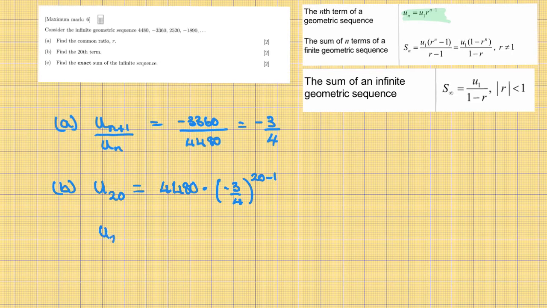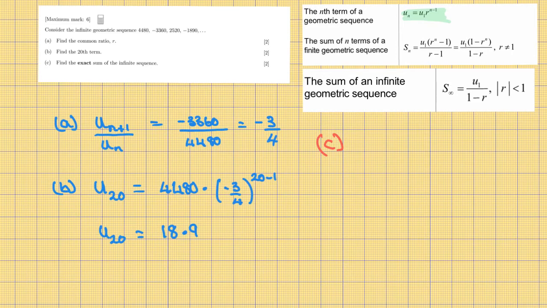So u20, which you'll do on your GDC, is approximately 18.9.